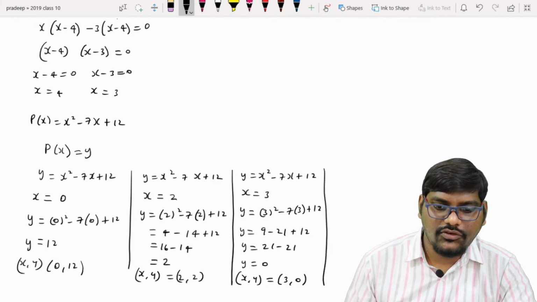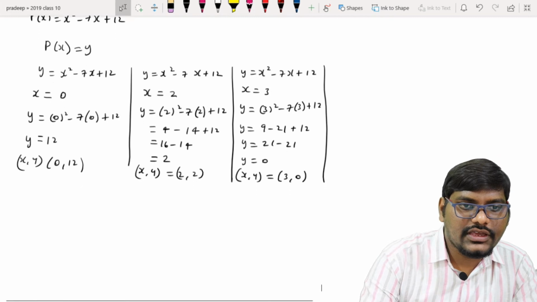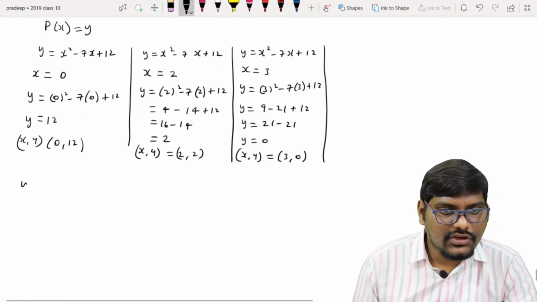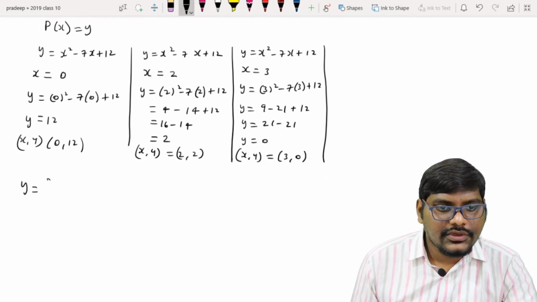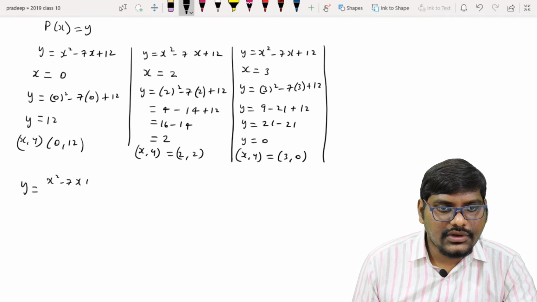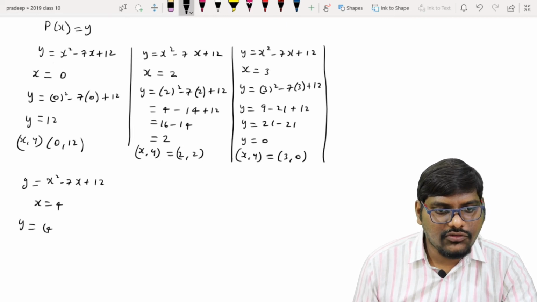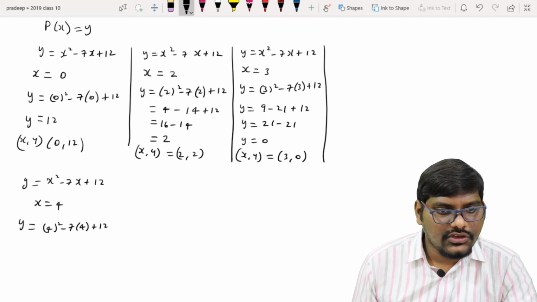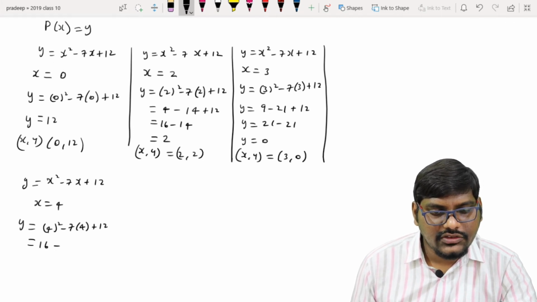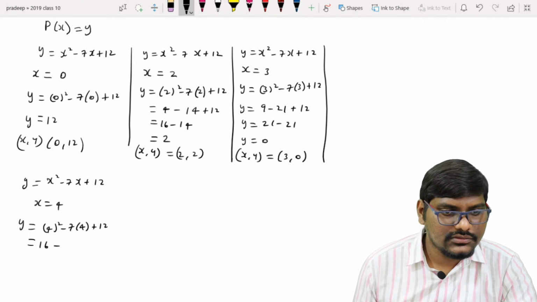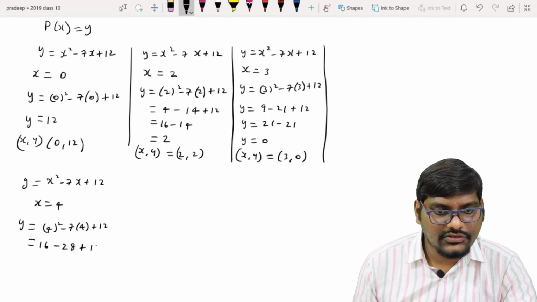So let's do the same for 4 also. We'll take x equal to 4, so y equals x squared minus 7x plus 12. I'll take x as 4, so y is equal to 4 squared minus 7 into 4 plus 12. 4 squared is 16, and 7 fours are 28.